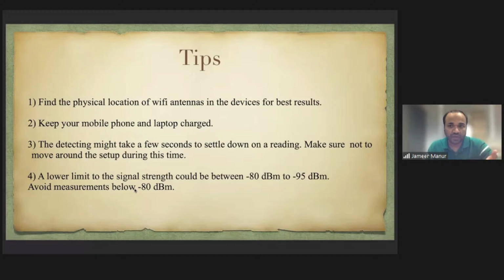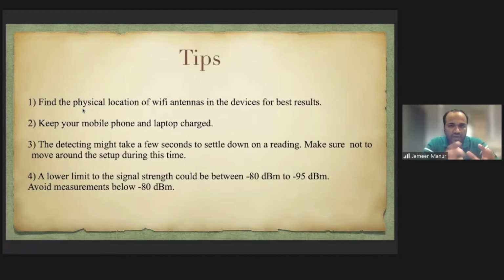And there are a few tips while performing this experiment. You need to find the physical location of the Wi-Fi antenna in your device, because that is very important. You need to know where the antenna is located in your device. If you are using a router, there are antennas, so easily you can find out.